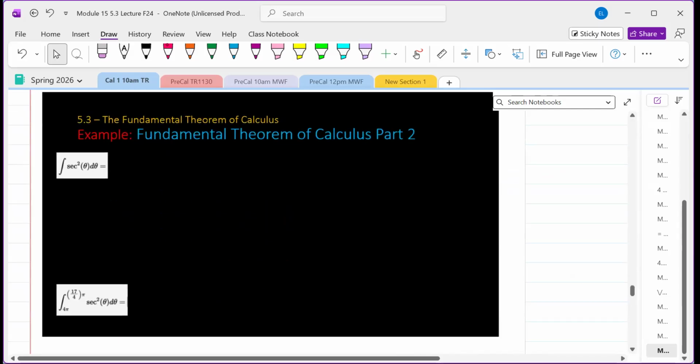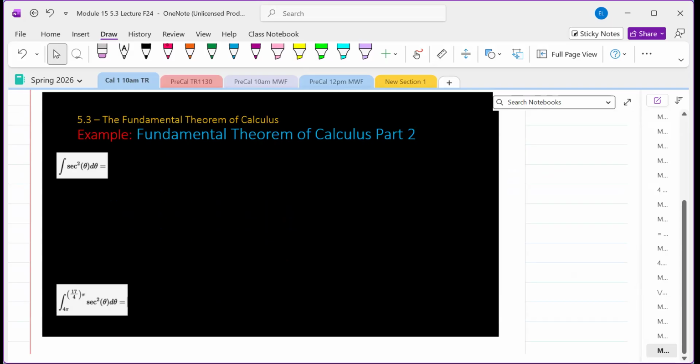Now our next one throws some trig at us, which is a little bit like, now I have to think. But secant squared is the derivative of one of the trig functions.